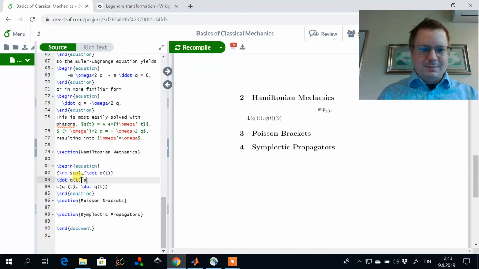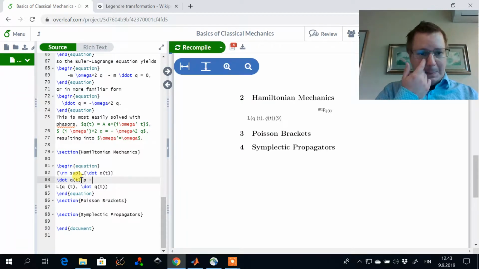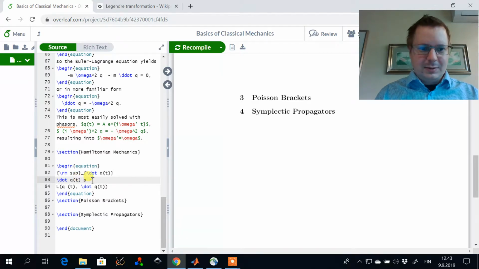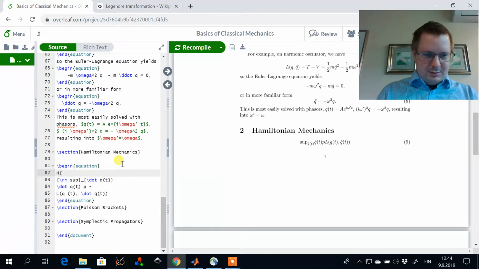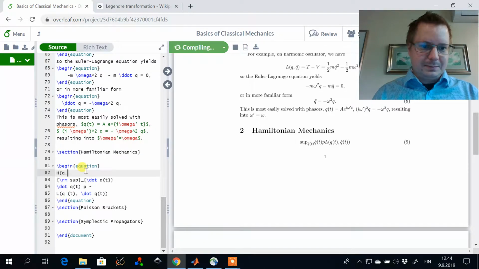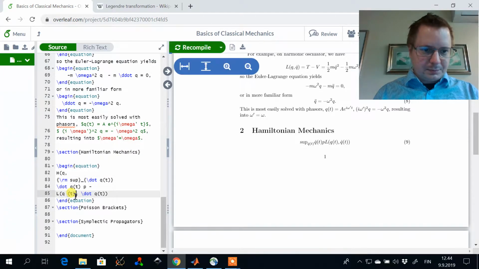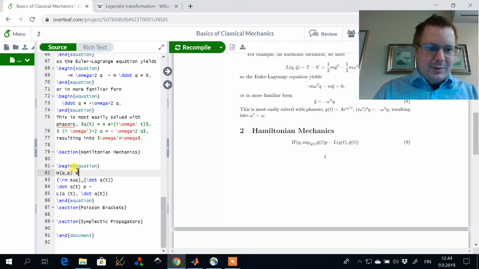I will call this p, and then minus L of this one. So now the q and t, the first coordinate L depends on, is taken to be constant, and I will call this h, which will again depend on q, but now it will depend on p.